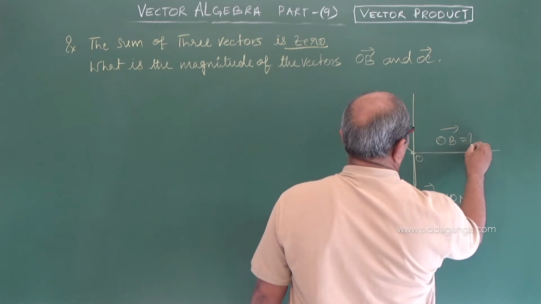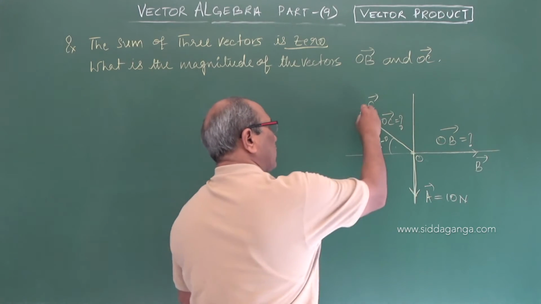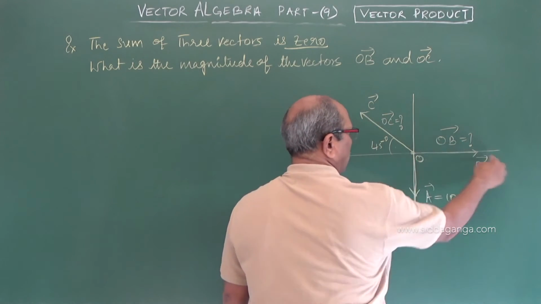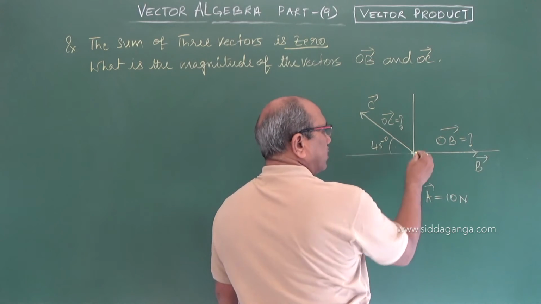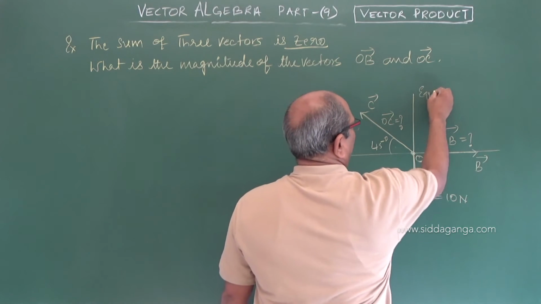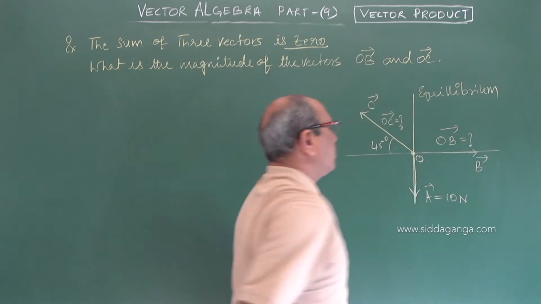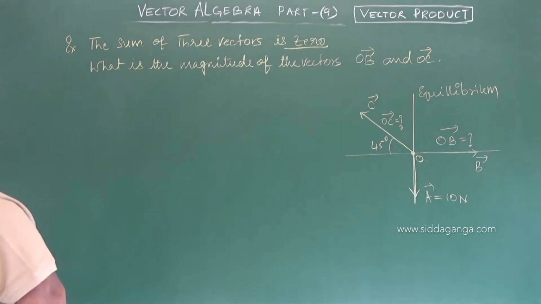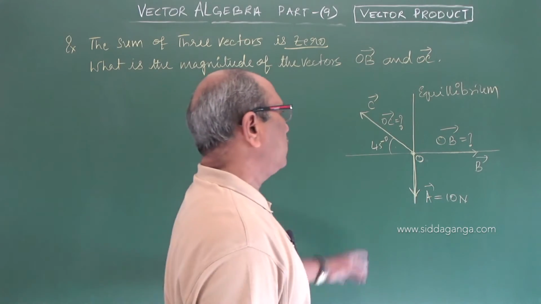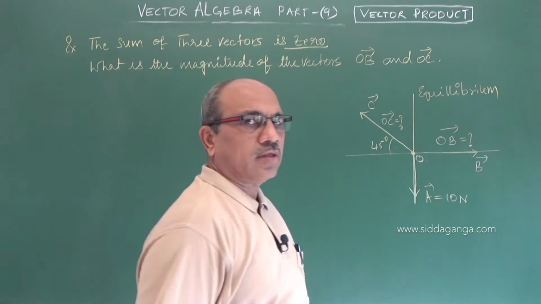These are the two questions. Under the action of OC, OB and OA, the point is in equilibrium. Now you have to get OB and OC.